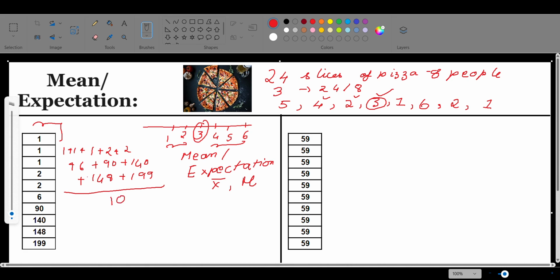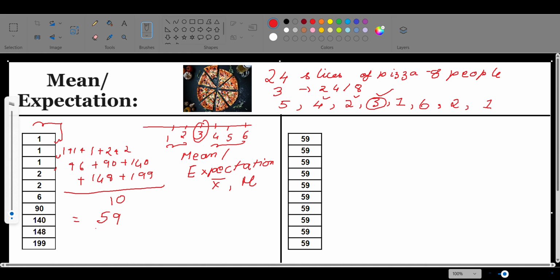By 10, because there are 10 house prices that we have over here. Now this value is equal to 59. Therefore, you could say that the mean price of houses in Bangalore based on the data set that we have is 59 or 5 crores 90 lakhs.